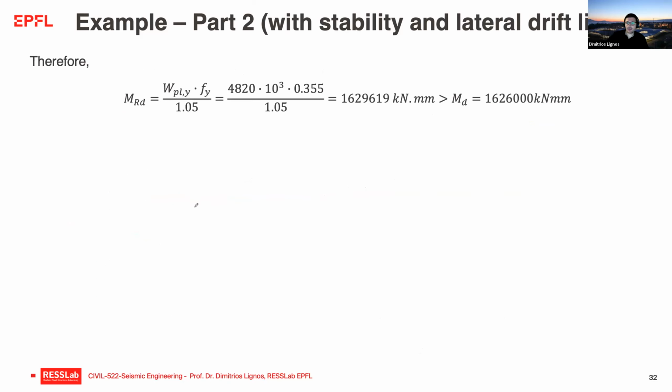So that being said, our MRD is going to be W plastic times Fy divided by gamma M1. And that will yield an MRD of 1,629,619 kilonewton millimeters. That is a bit larger than the corresponding moment that I have from my seismic action.